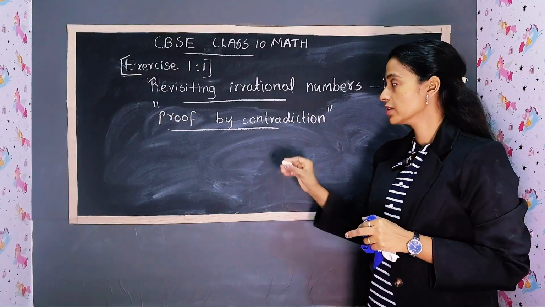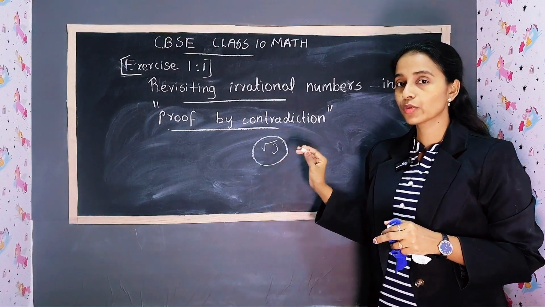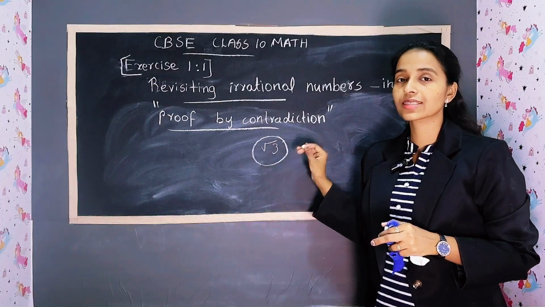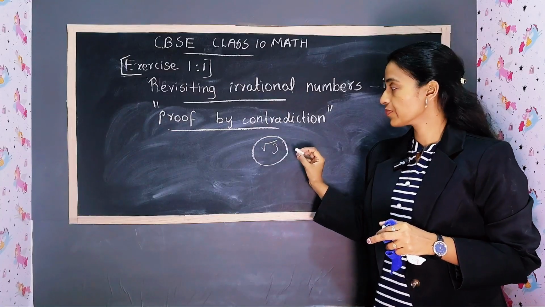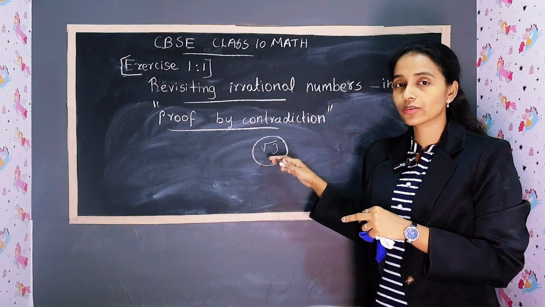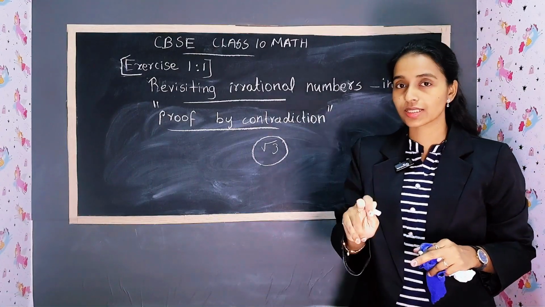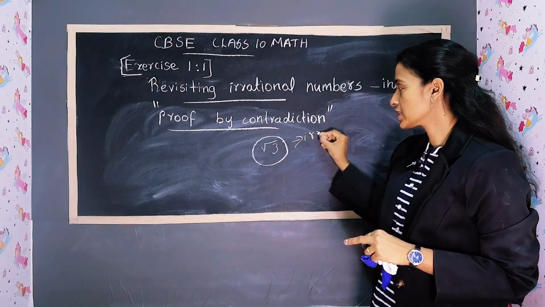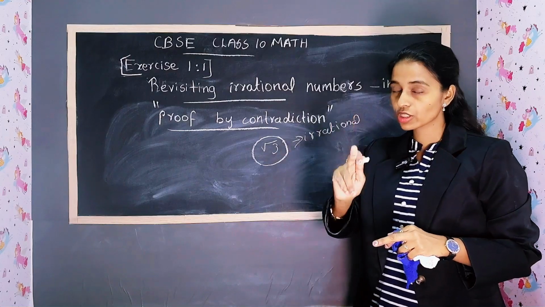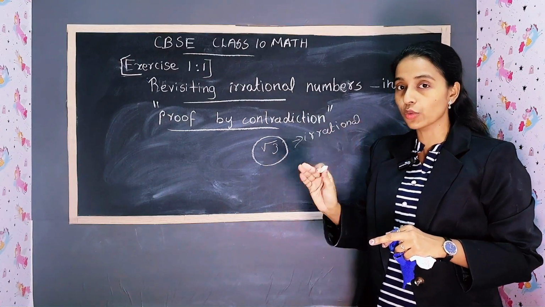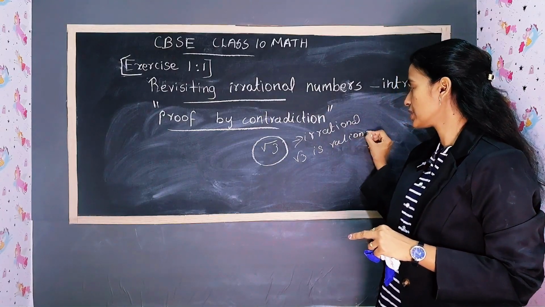For example, this question is, you have to prove square root of 3 is irrational. What you are going to do is assume that square root of 3 is rational. Sorry, not irrational, rational. The question is, you have to prove that square root of 3 is irrational, but for the solution, you are going to assume square root of 3 is rational, right?